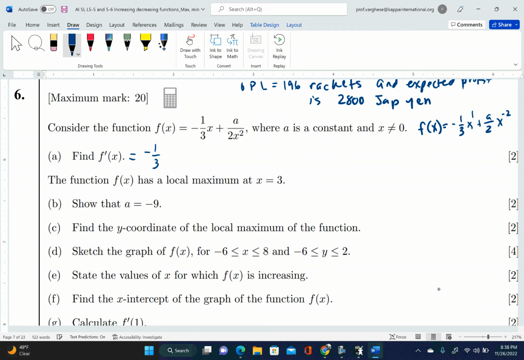This is 1. 1 minus 1 is 0, so that goes away. So negative 1/3 minus, and negative 2 times a is going to be negative 2a, divided by 2, and this is going to be x to the negative third power. So I can write this a little bit better, right? This cancels out.